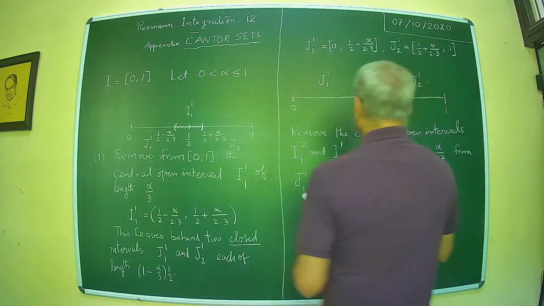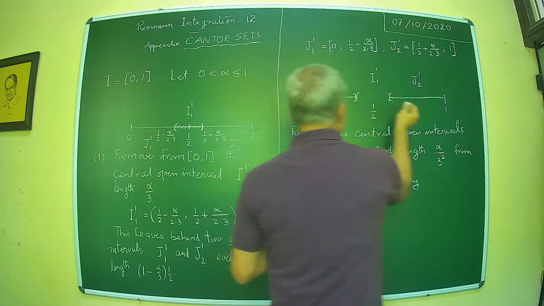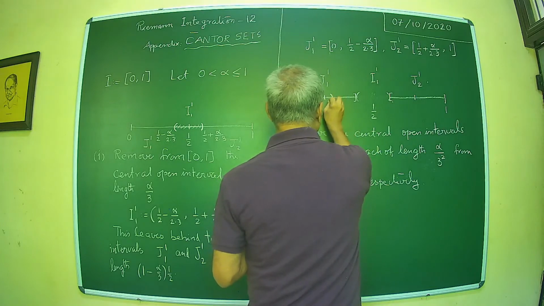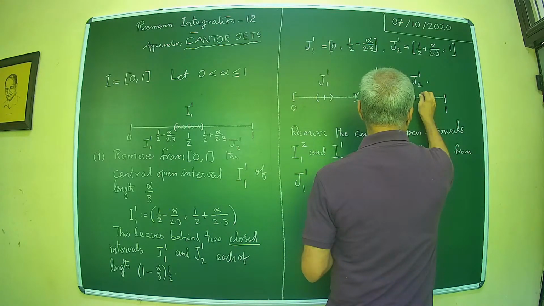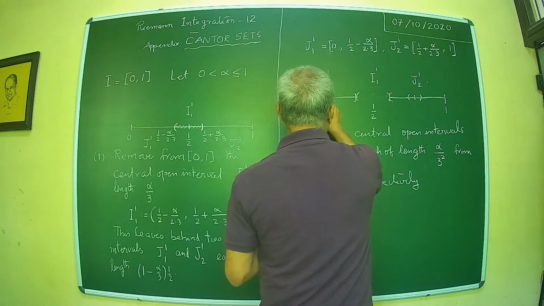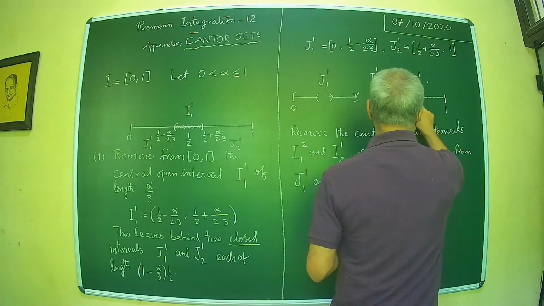So now what you do is you are going in the middle of that and then you move in. So this is the portion that you remove from here and this is the portion that you remove.